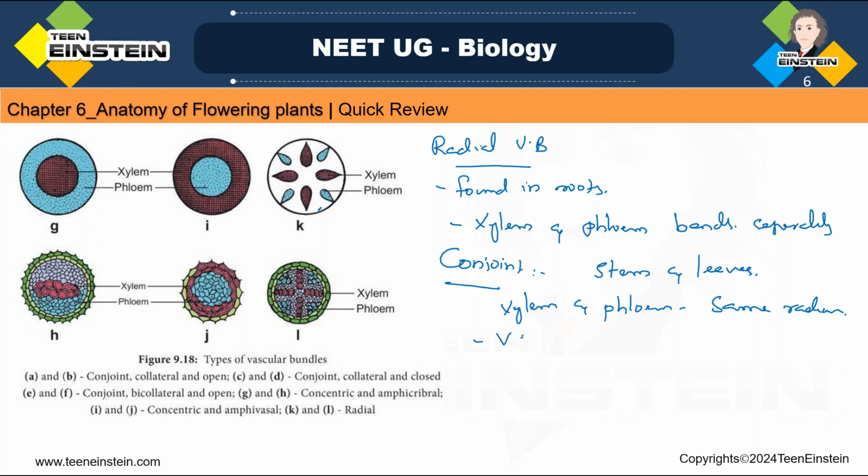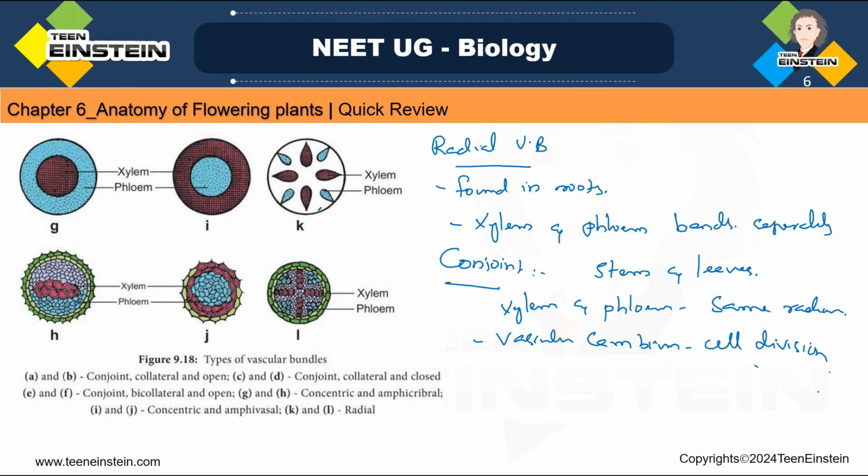Due to that, the xylem and phloem at the same radius of the conjoint vascular bundles are forming.